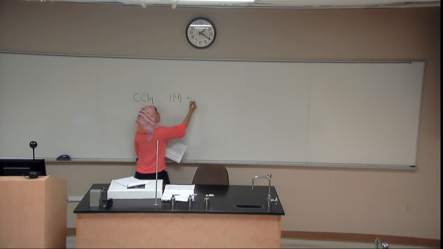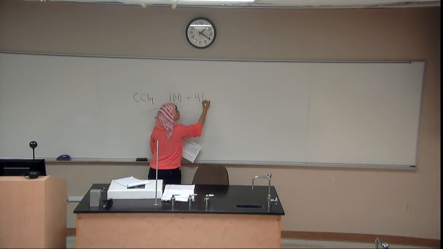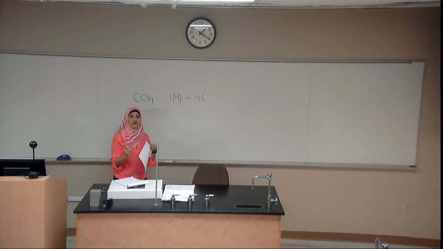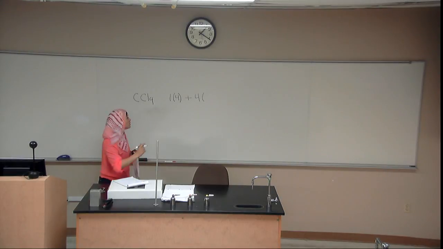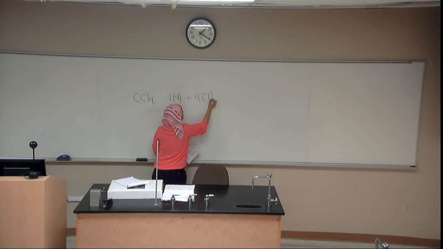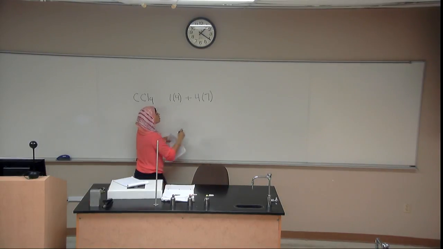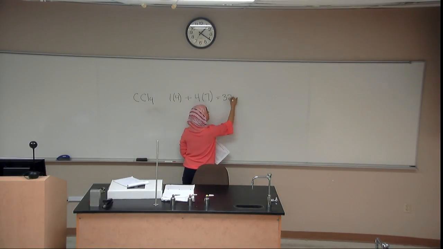4 chlorines. How many valence electrons does each chlorine have? Chlorine is in group 7A, so it has 7 valence electrons. So 4 times 7, 28, plus 4, that's 32 electrons.